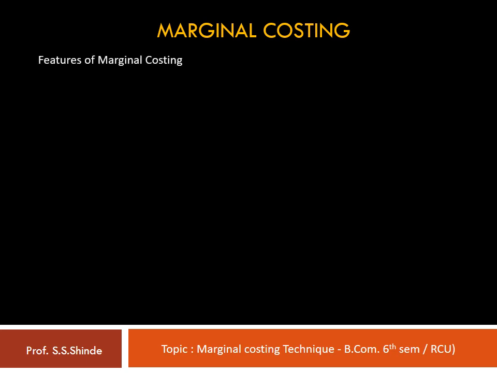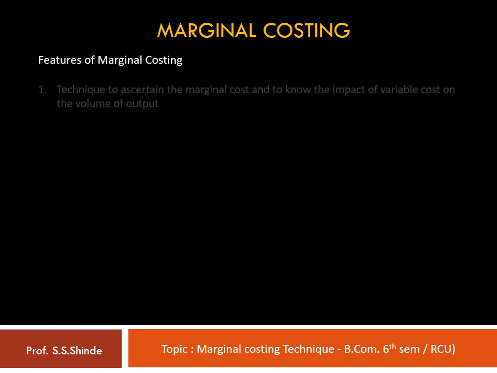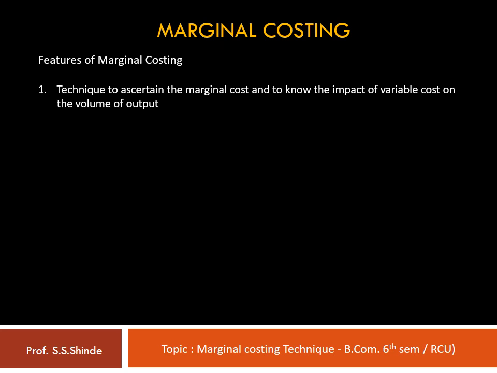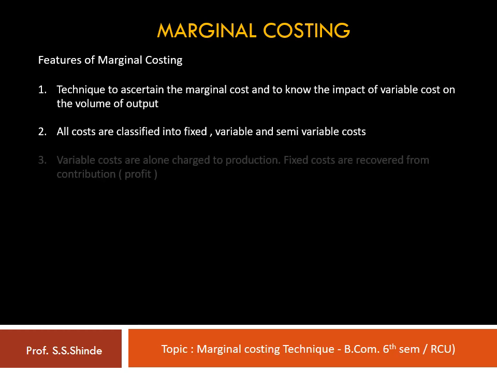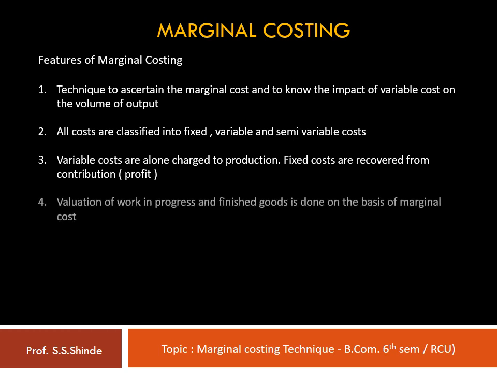Let's look into some of the features of marginal costing. First, it's a technique to ascertain the marginal cost and to know the impact of variable cost on the volume of output. 2. All costs are classified into fixed, variable, and semi-variable cost. 3. Variable costs alone are charged to production and fixed costs are recovered from contribution. 4.